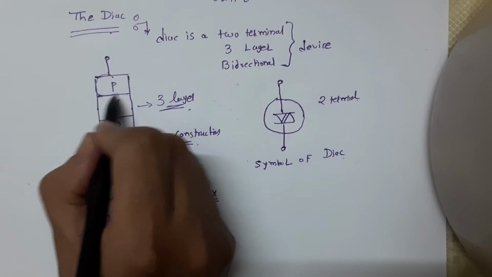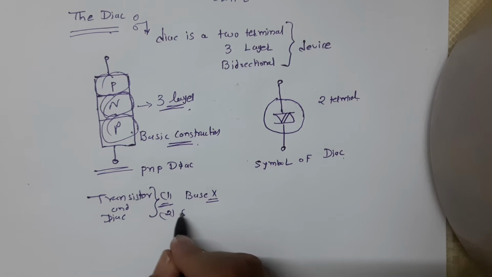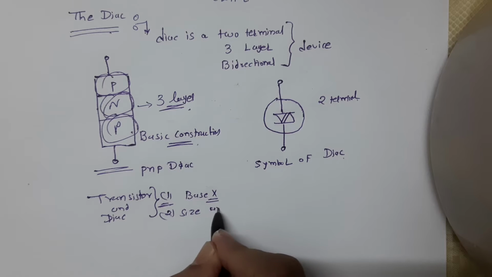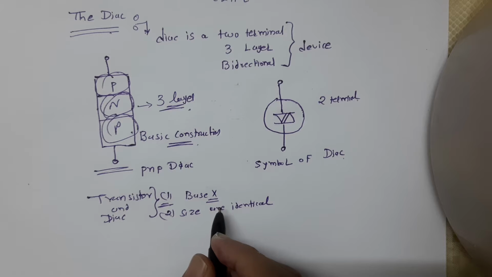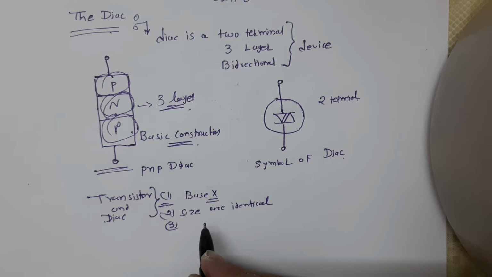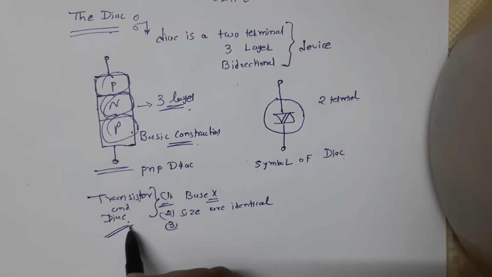The size of this, this, and this are identical. The third difference is that the doping concentrations are identical to give the device symmetrical properties. So these are the three basic differences between the transistor and the diac.